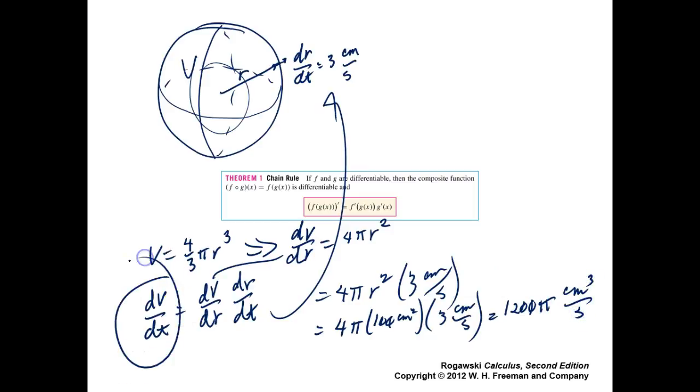That's a good unit for change of volume over change of time. Volume measured in cubic centimeters, time measured in seconds. That's it. And if you really want to get a numerical value, multiply 1200 times pi, which will be something on the order of 3700, something like that. Right? 3,770, in fact, they say.